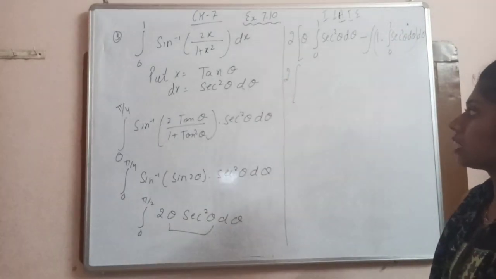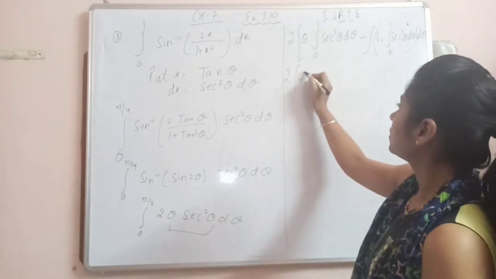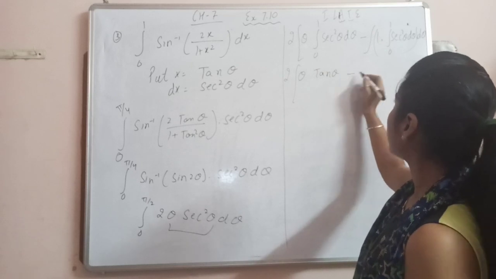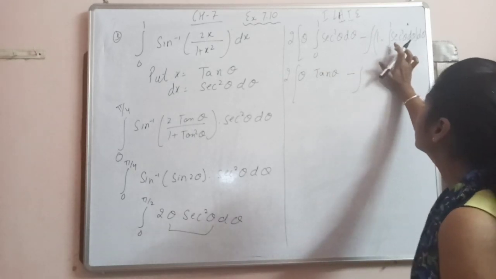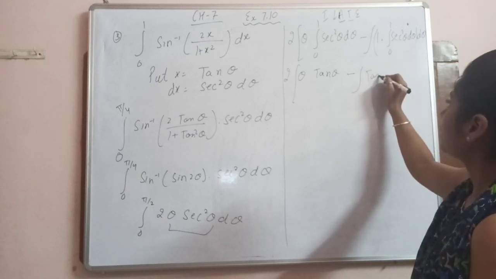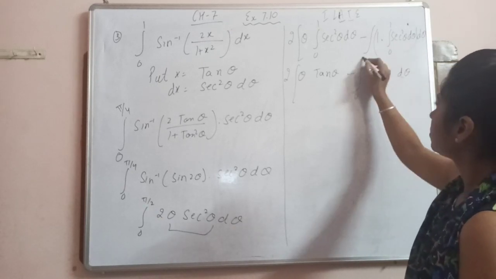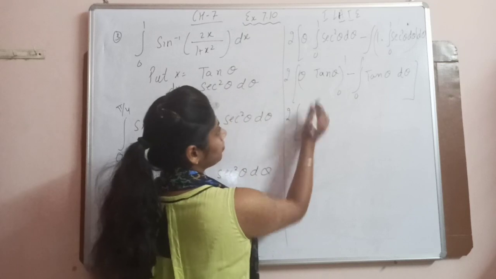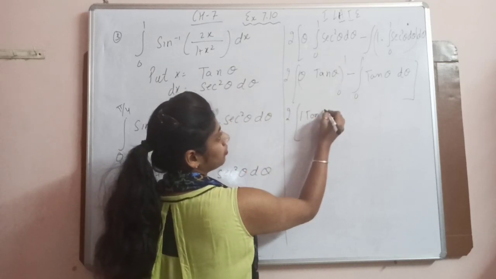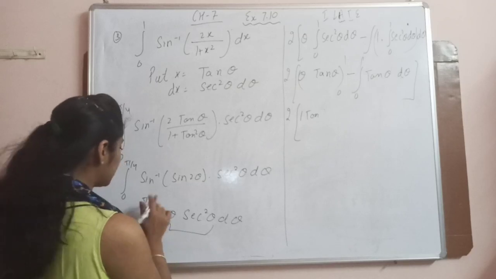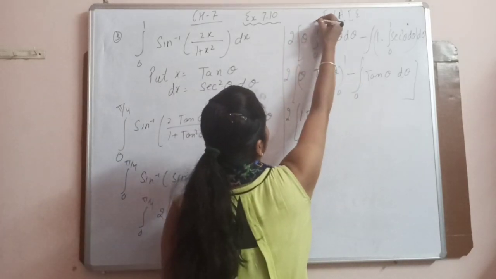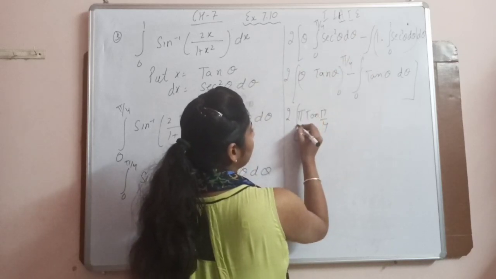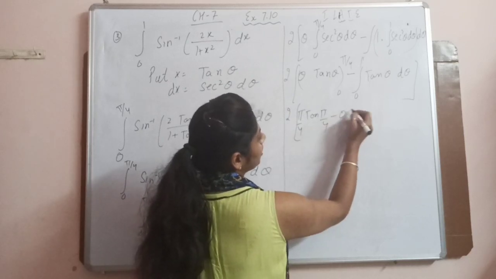Now the integration of secant square theta is tan theta. Put the limit 0 to pi by 4, minus integration of tan theta d theta, 0 to pi by 4. So the function will become, put upper limit minus lower limit: pi by 4 into tan pi by 4 minus 0.